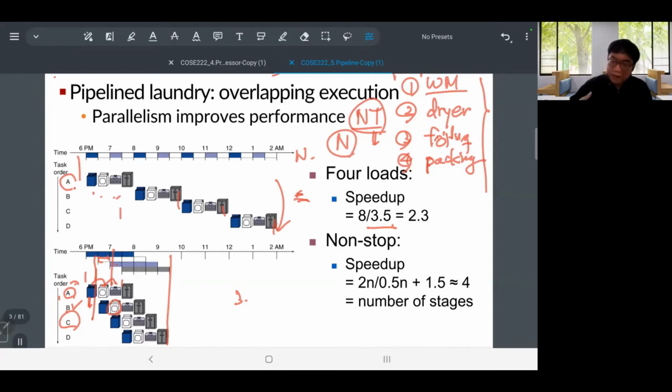Then if there are many tasks, like n tasks, then with this pipelining, we can find that every task can be executed every clock, but the clock period is reduced.